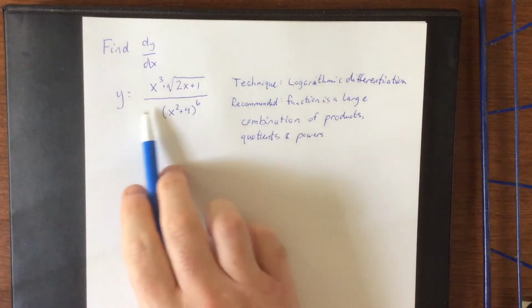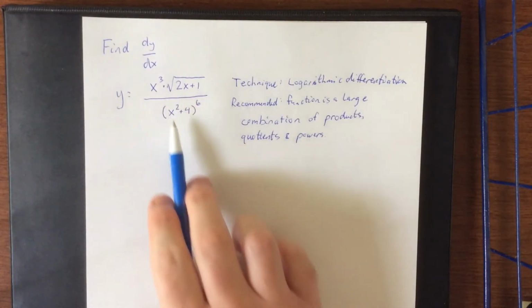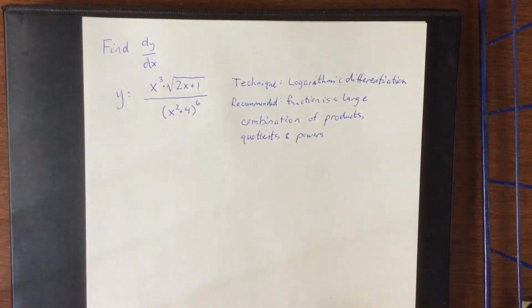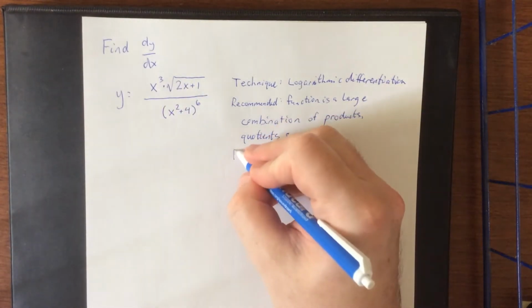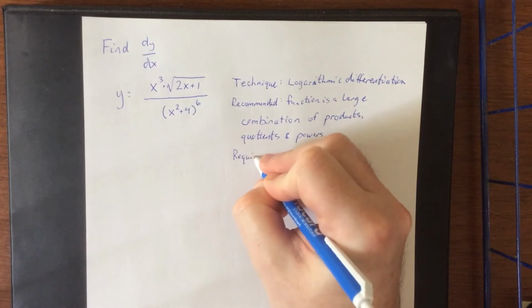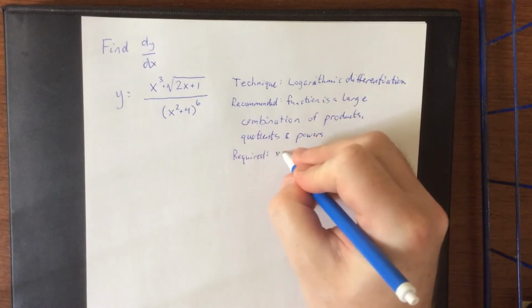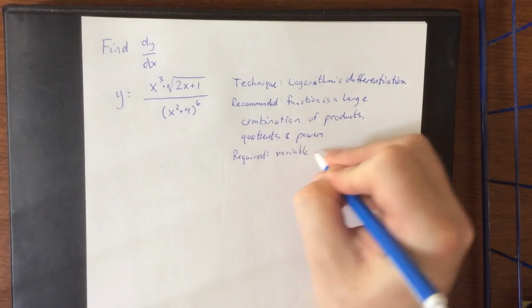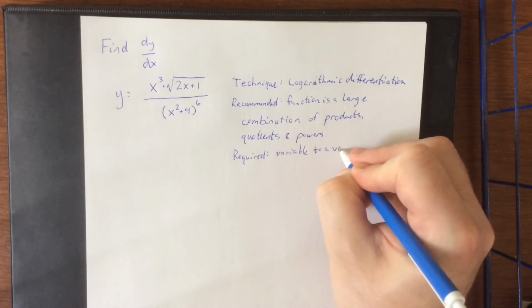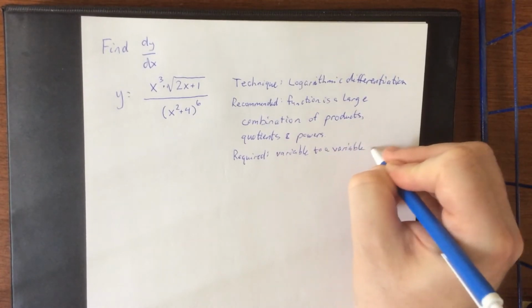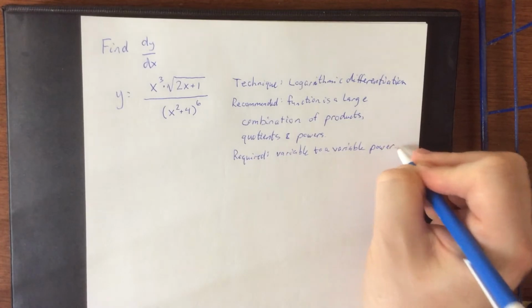In this case, we're starting with a quotient. We have a product in the numerator, and we have powers on all three of the factors that are here. This will be required anytime you have a variable to a variable power. We'll investigate that one next.